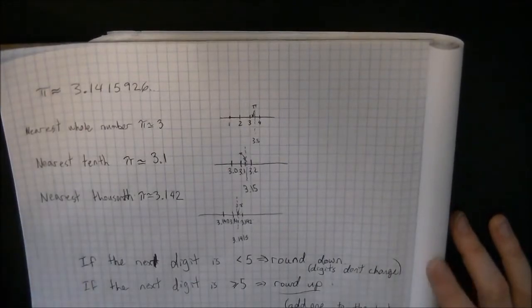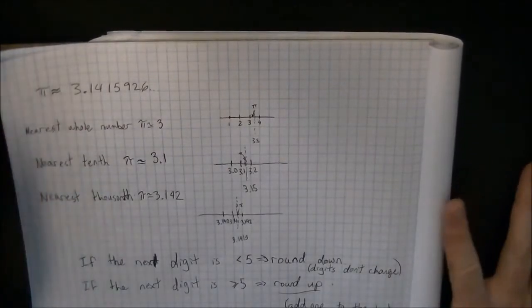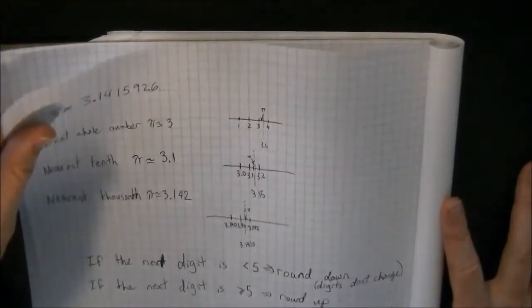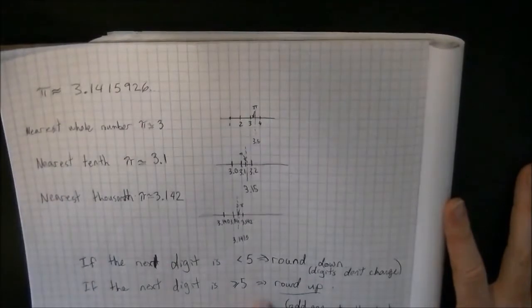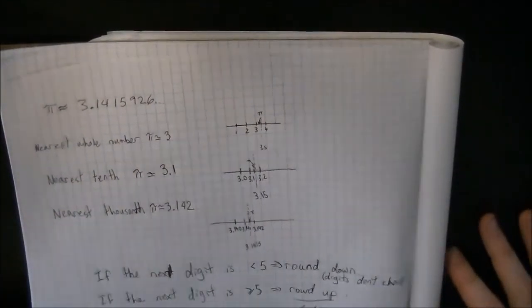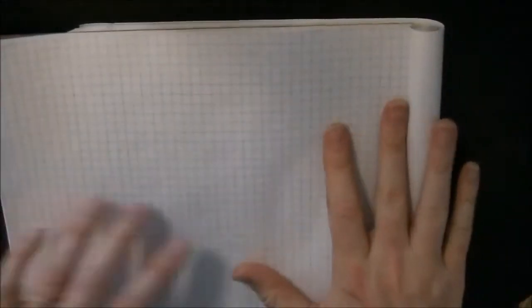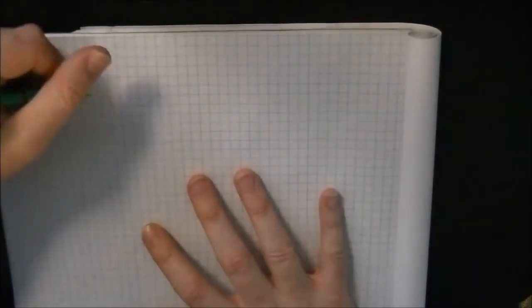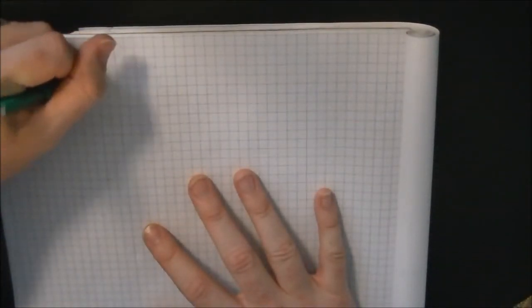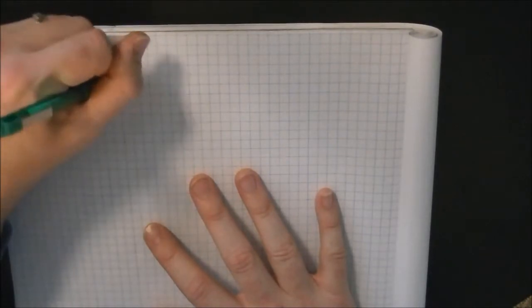Okay, I'm going to do one more example, and it will show what happens if we round and we have to add 1 to the last digit, but that last digit's a 9. So let's try that real quick. So we have to add one. So let's try 5.9997.